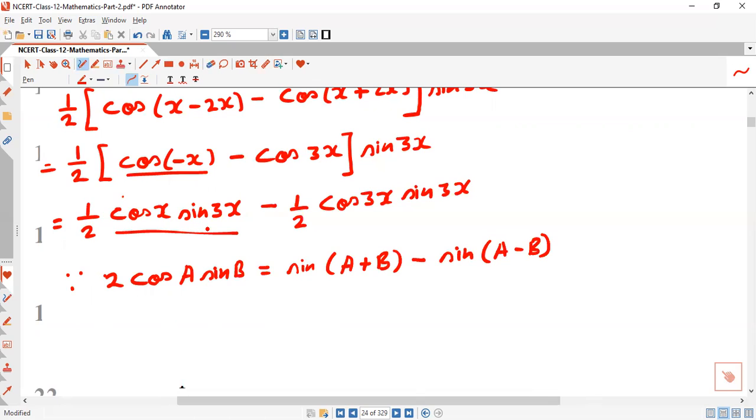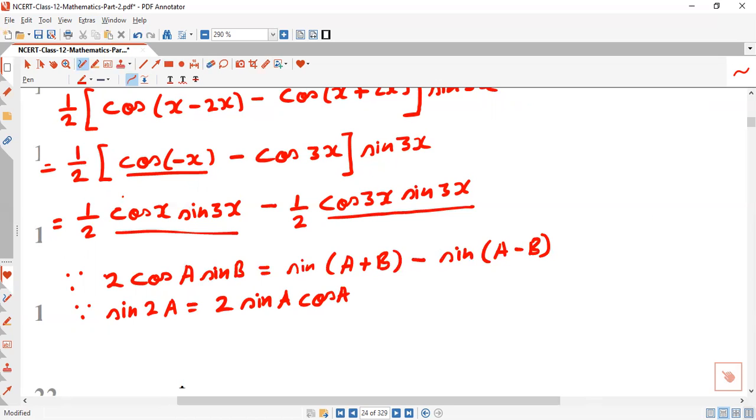We apply this formula here, and since also we know sin 2A equals 2 sin A cos A, this formula we will apply here.